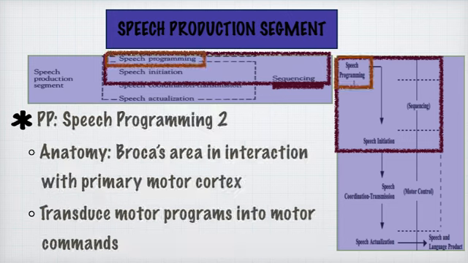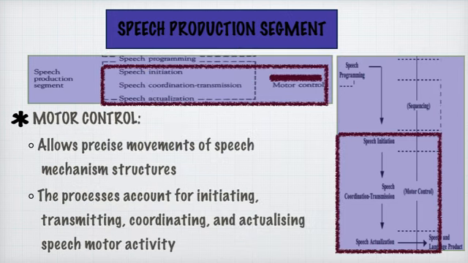Next part is the motor control part. Very straightforward. It allows the precise movements of speech mechanism structures. So the processes account for initiating, transmitting, coordinating, and actualizing speech motor activity.